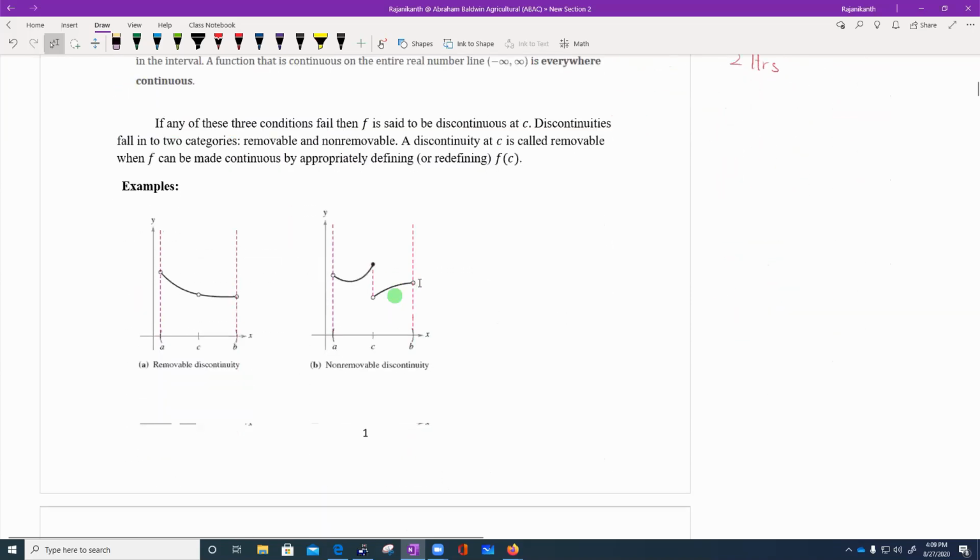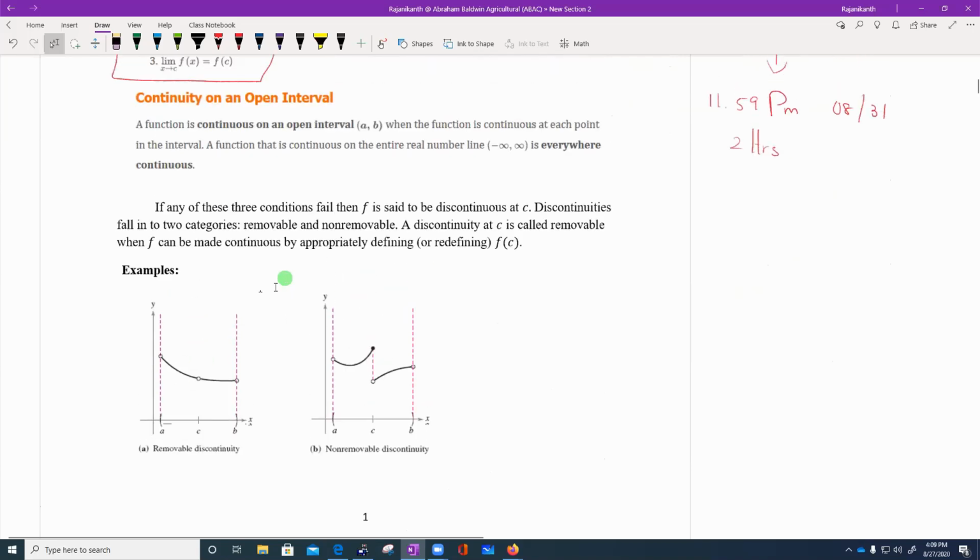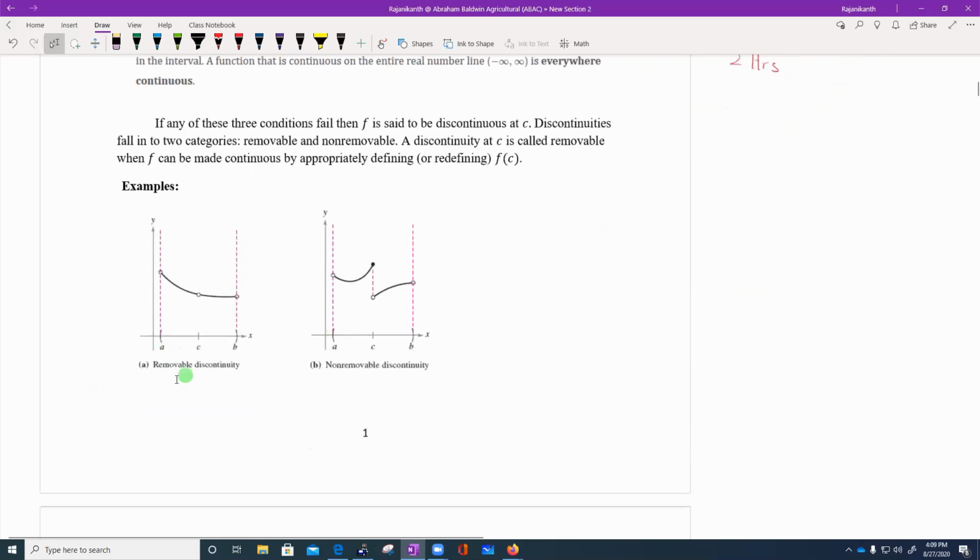Okay, so now look at these two scenarios. If the function is not continuous at a particular point, then we say that the function is discontinuous at that point. So look at these two examples. The first one is a piece of a function drawn within an open interval a to b.